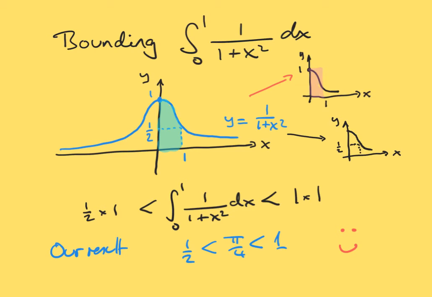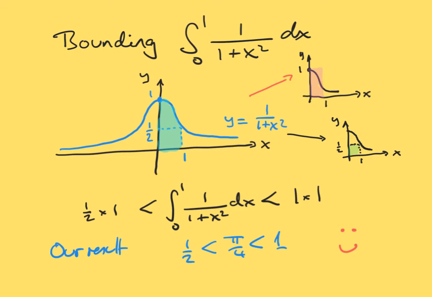So we can tell with certainty that the area of the integral here is going to be greater than this area, which I'm now shading in here. And this is a rectangle of height 1/2 and base 1. So its area is a half times 1.